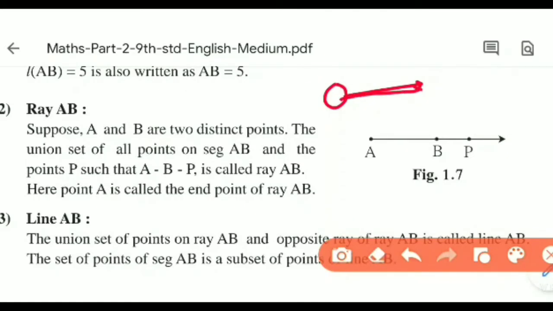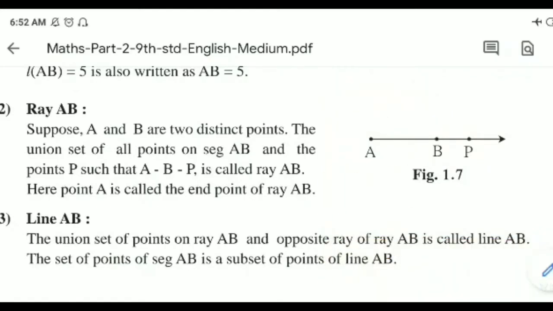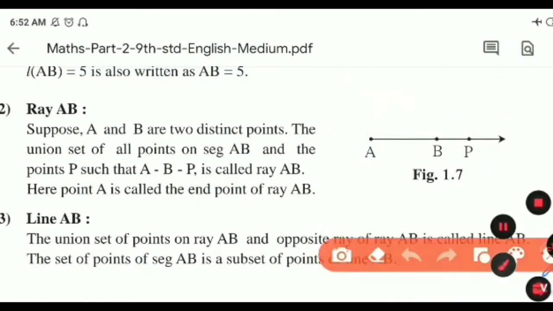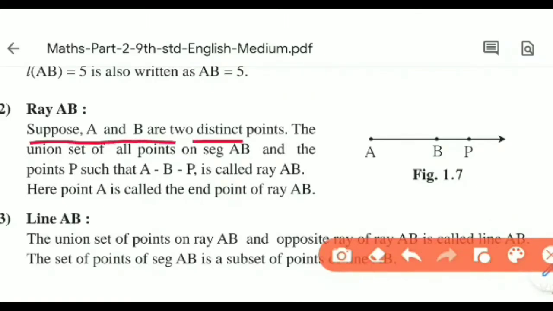The sun has only one end. If you see this figure, it has only one end and it moves only in one direction. So this is called a ray. Now suppose A and B are two distinct points. For a segment we took two points, point A and point B, and it has a particular measure.